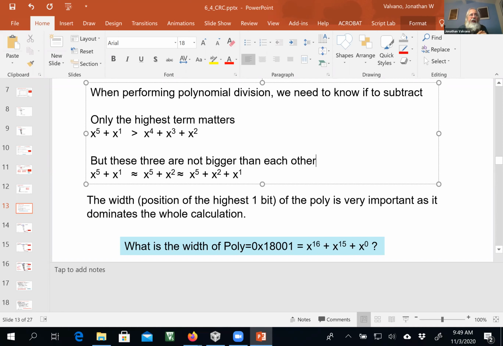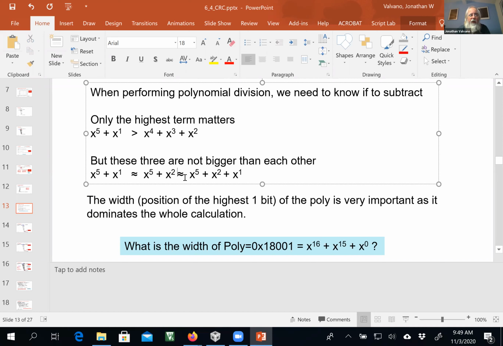Because they all have the same, the only thing that matters is the exponent of the largest term, the largest exponent. Again, this is a 5 and that's a 4, and so this one is bigger than that one.